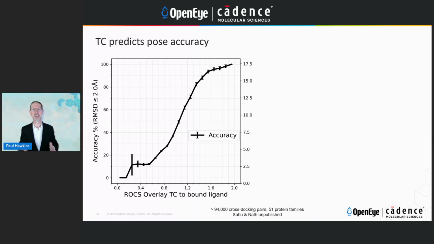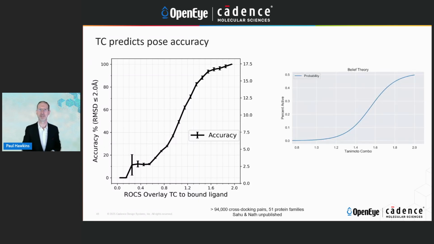So this is a probability assignment curve that allows us to relate Tanimoto combo between pose and ligand and the probability that that new pose is correct. This shape of the graph and the x-axis being Tanimoto combo may remind you of the work from the two Steves, where Tanimoto combo there related biological activity to TC, not here pose prediction.